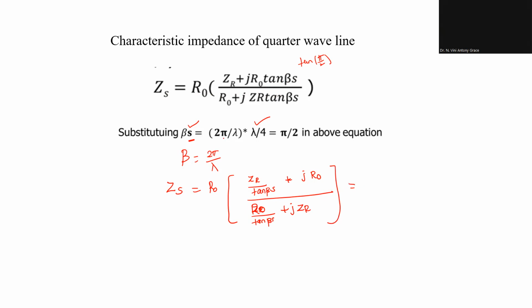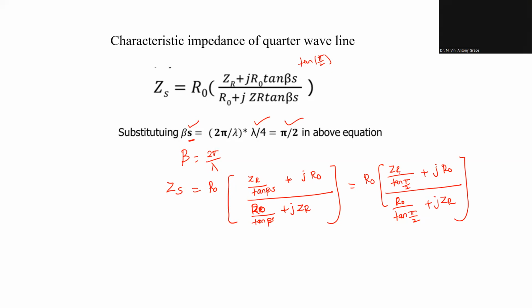We all know that beta S is pi by 2. So it becomes R0 into ZR divided by tan pi by 2 plus J R0, divided by R0 by tan pi by 2 plus J ZR. The value of tan pi by 2 is infinity. ZR by infinity becomes 0. R0 by infinity becomes 0.